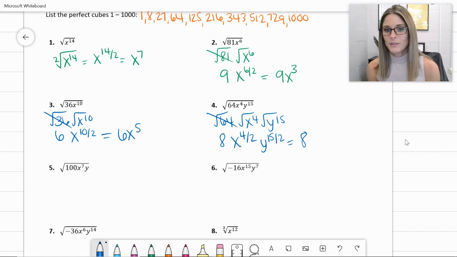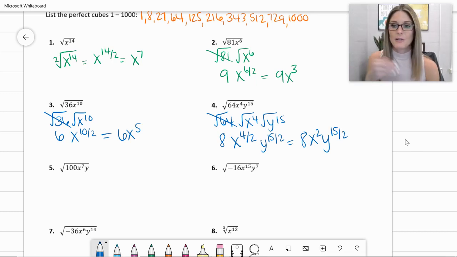Simplify where you can, so we can change this to 8x squared, but we'll leave the y because we cannot simplify any further. And again, the Delta Math practice you have this week is correlating with your rational exponent, so you'll see answers in this form, y to the 15 over 2. And that's our final answer on that one.